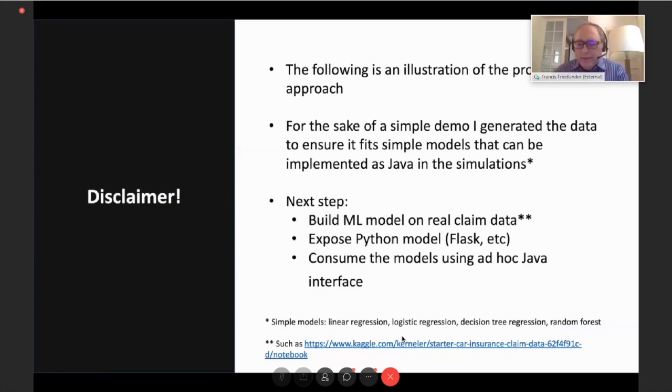Later today, Pierre is going to present to us how you can actually invoke any Python, or any machine learning model developed in Python from Java, right? So this is going to be the step 2 of what I'm showing, but it's still under construction, I would say.